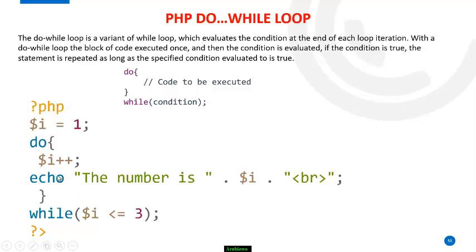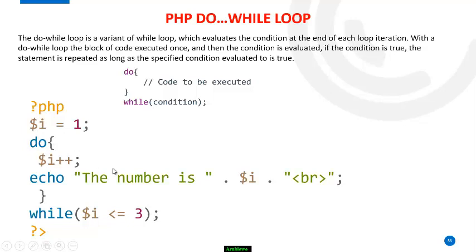So this will always execute the do area of this code once, and after doing that once, it will come here to check if the 2 that we have here that has been incremented is less than or equal to 3. If it's less than or equal to 3, it will go back to the do again.